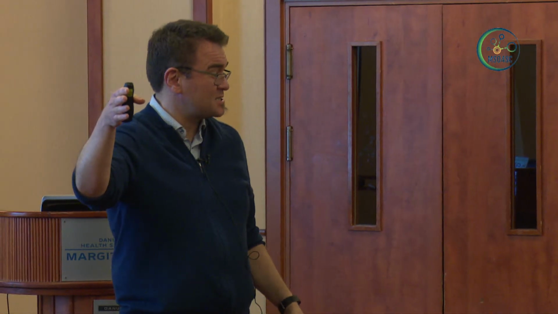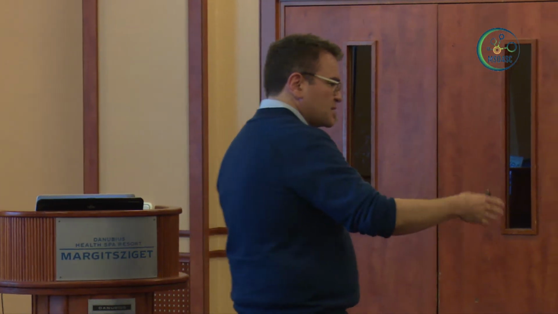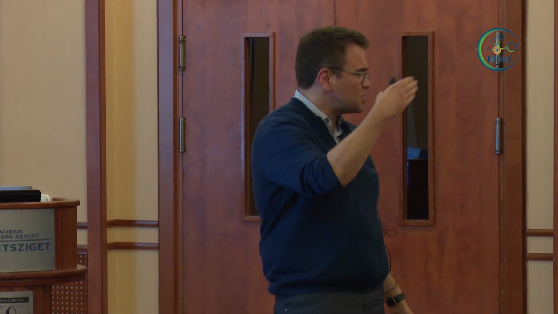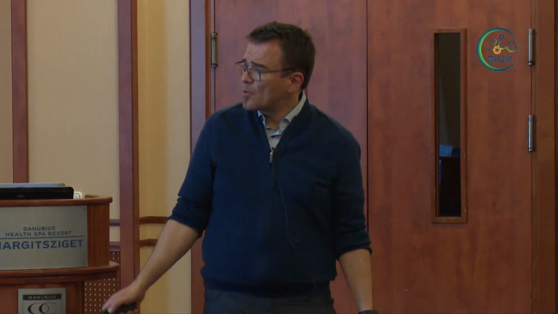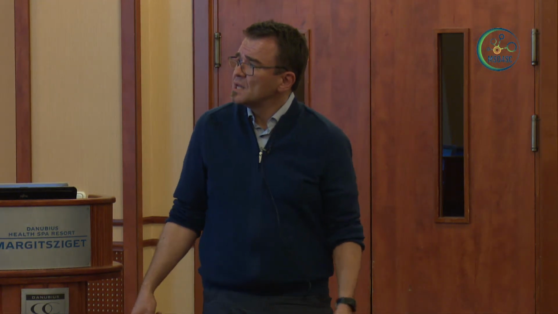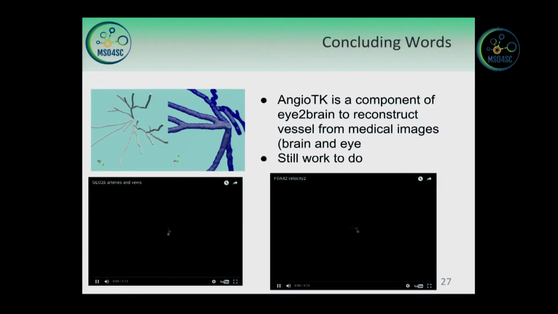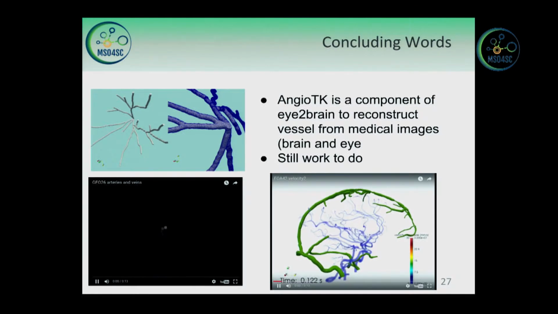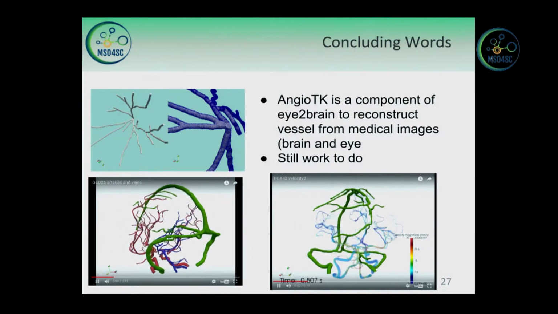So we can see from different changes in algorithm if we fixed a bug, or if we introduced a new bug because some data set is not working anymore, or things like that. So we have set up something like Travis or BuildKite on the data set directly to verify that our algorithms are running smoothly. So AngioTK is an important asset for Eye2brain.